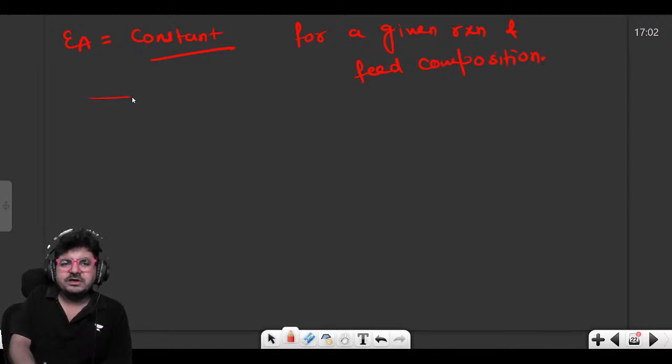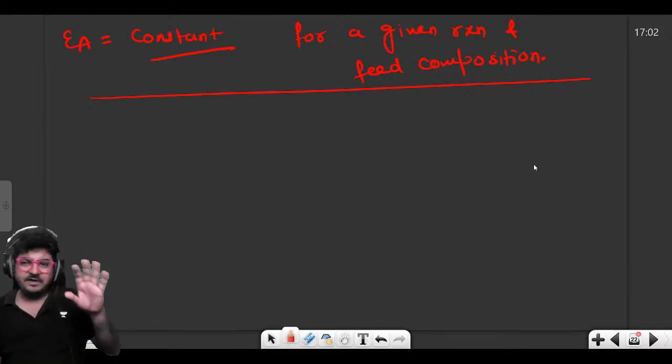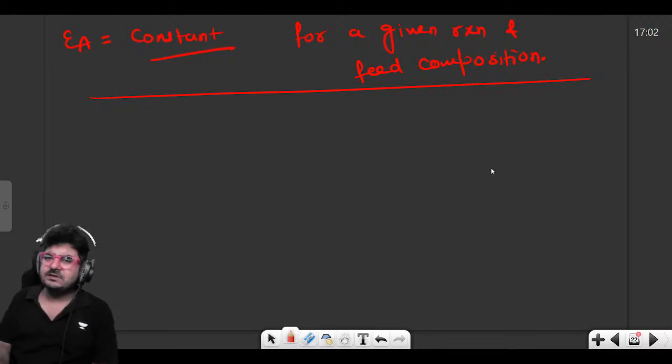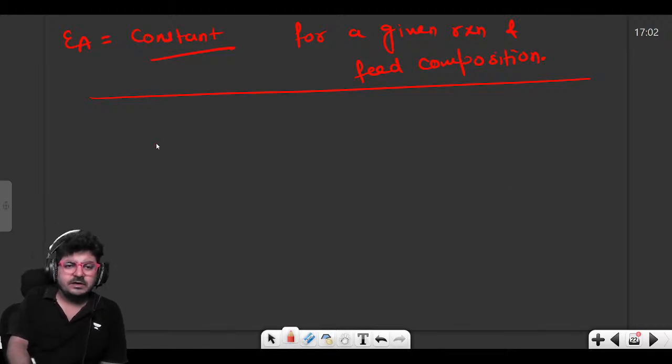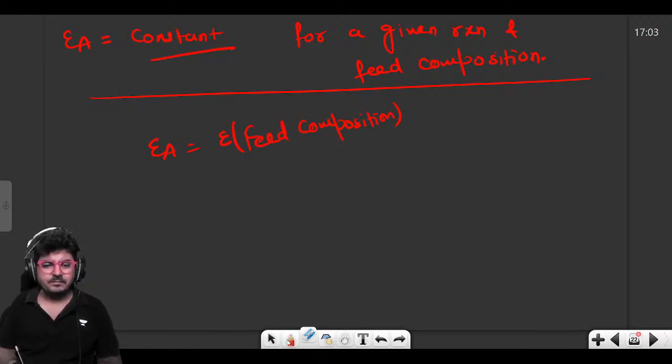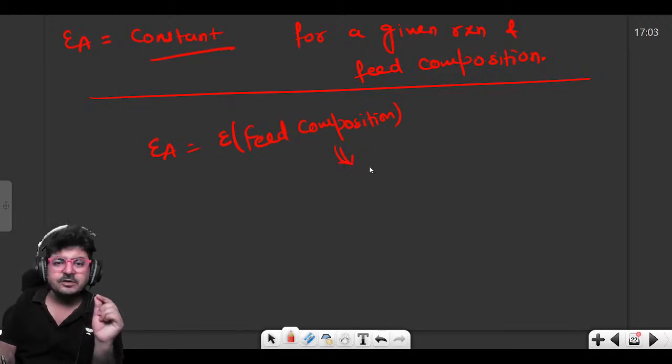If feed composition and reaction is fixed, so epsilon A will be constant. If you change the feed composition, then epsilon A will change. Okay, so it depends only on feed composition. And feed composition may be basically, to be specific, the mole percentage of A.